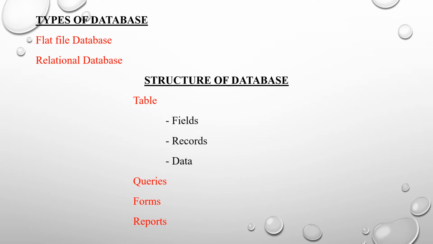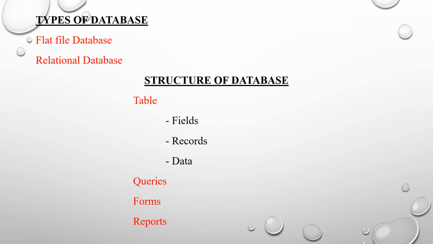The next point is structure of database. A database contains a specific structure to store data. Let us study some basic terminologies used in the database that will help us in getting acquainted with the functioning of DBMS. The first one is table.